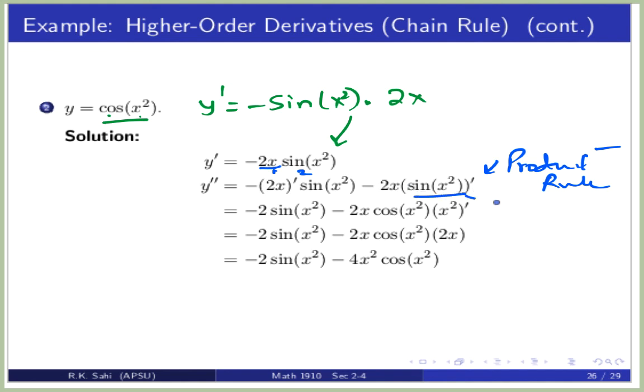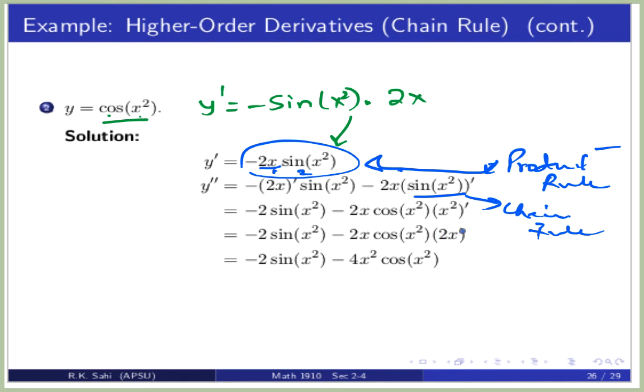Now here you're going to apply the chain rule. So this product rule is to this whole expression, guys. Okay, so chain rule on sine x squared. What are we going to get? Now outside function is sine, inside function is x squared. So the derivative of the outside sine is cosine x squared times the derivative of x squared. That's this.